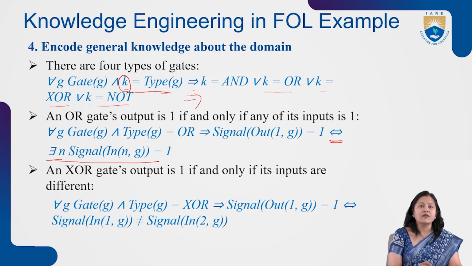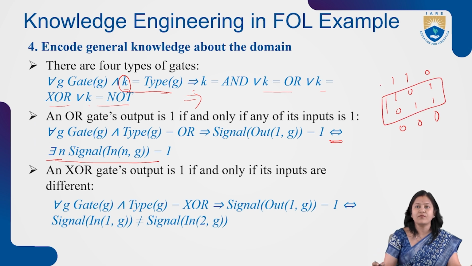Next one: an XOR gate's output is 1 if and only if its inputs are different. That means for an XOR gate, if it is a 1-0 combination, we will get 1. If it is a 0-1 combination, we will get 1. But for the 1-1 condition and the 0-0 condition, we will get 0. So we have to represent this using predicate logic. For all g, where g stands for gate and type of g is equal to XOR, that implies the output signal from g is equal to 1 if and only if both the signals are different.